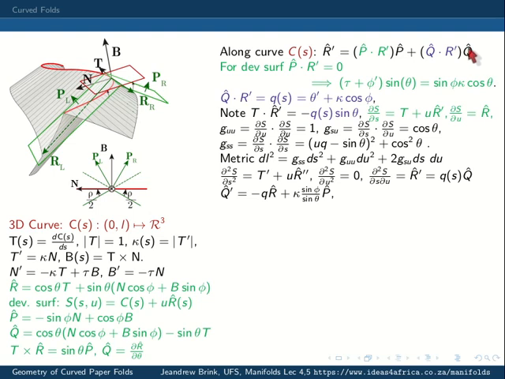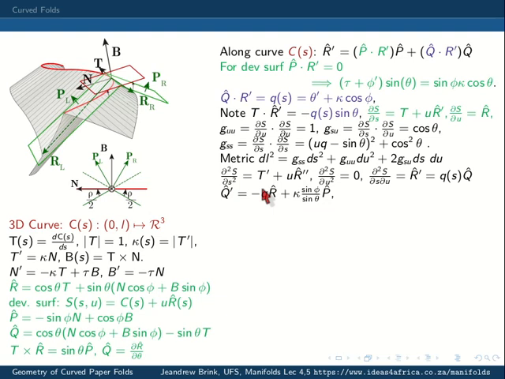The way I worked that out is I went to my definition of q and did exactly what I did for r. I took the derivative of all these things with respect to t. I used the Frenet formulas to replace the derivatives of n, b and t, and what I got was that q prime is equal to this thing, which you can go and verify.